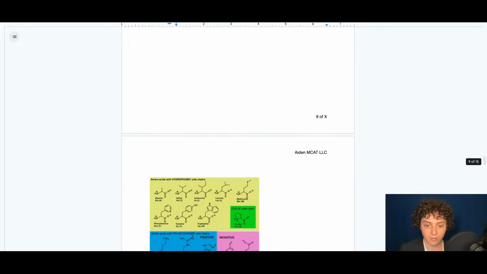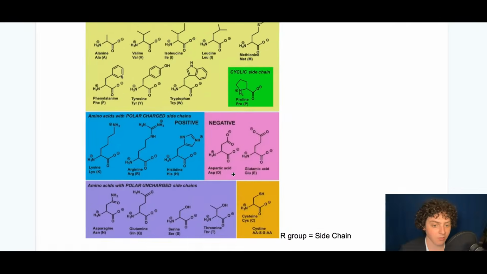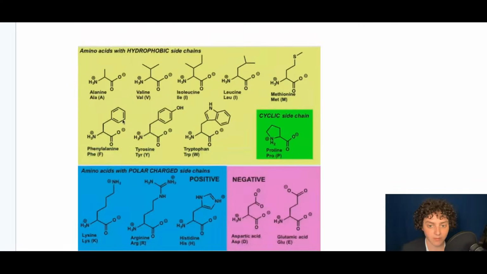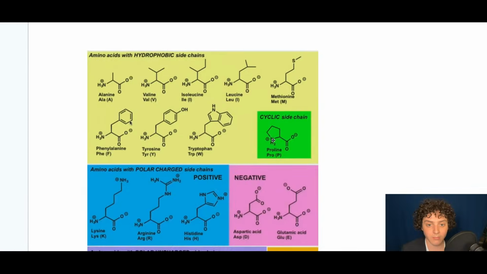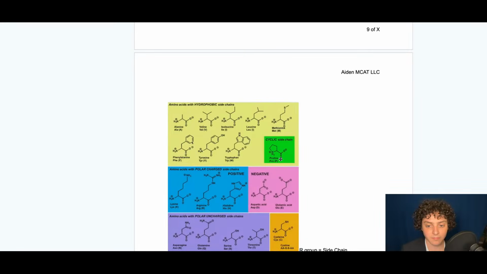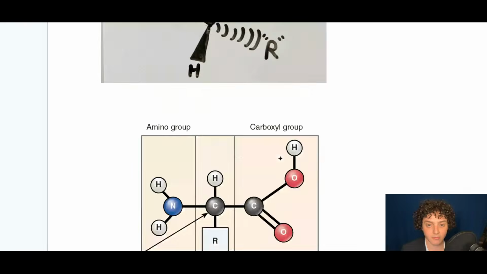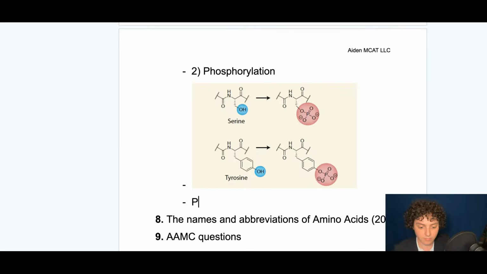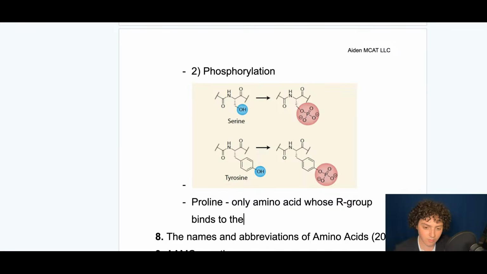I want to just check to see if there are any additional properties that I might have missed. Okay. One I want to mention about proline is its shape. Proline is an amino acid whose R group binds to the backbone.